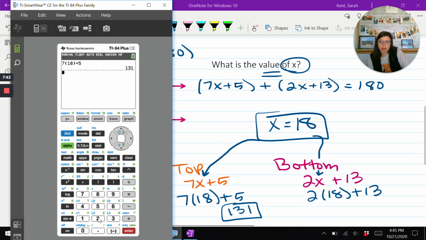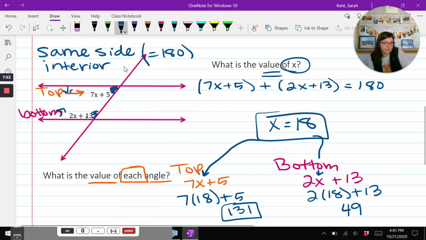So back at my calculator, 2 times 18 plus 13, when we press enter, we get 49. So that would be each angle. The top is 131, the bottom is 49.